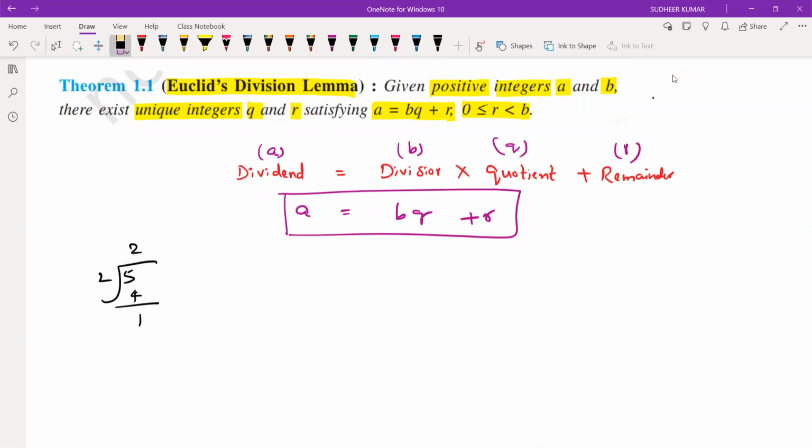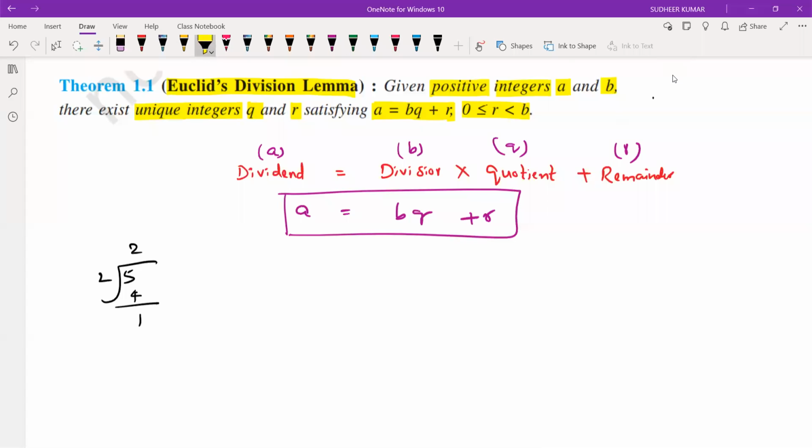If you go to rational numbers, it would not end and you could proceed further. But here positive integers are mentioned, so we cannot take rational numbers. We should check at which step the division has completed.